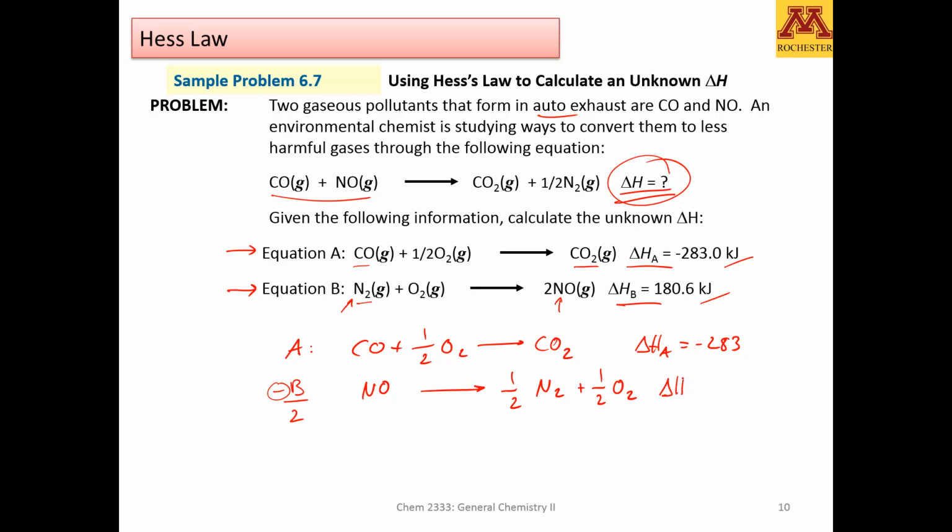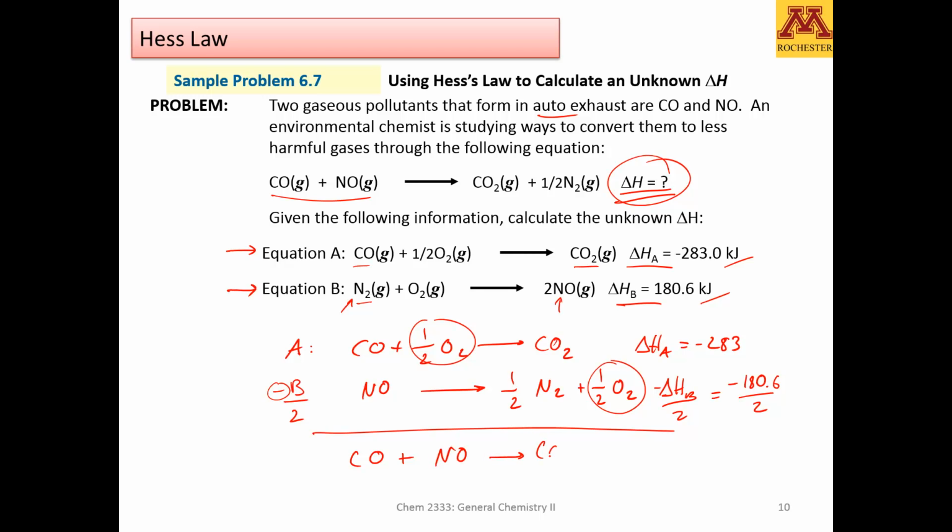So this new delta H B is going to be negative delta H B divided by 2, which is negative 180.6 kilojoules divided by 2. And when I combine these, what I get is the target reaction. The NO and O2 will cancel out, so I have CO giving 1 CO2 plus nitrogen.